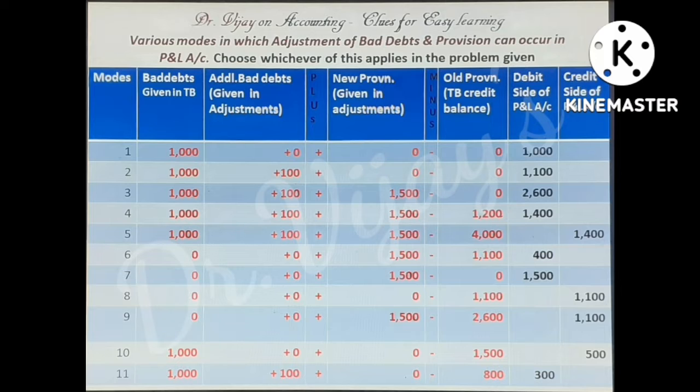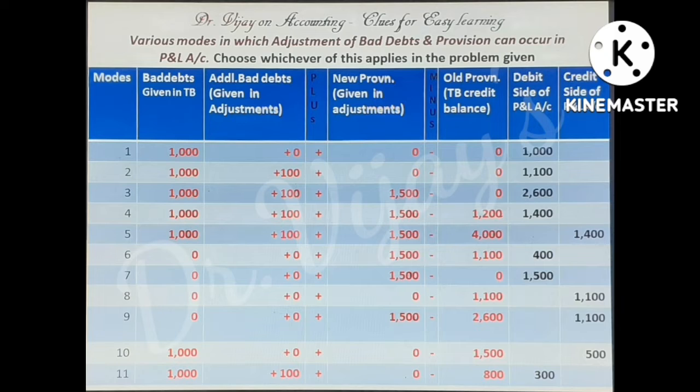The adjustment regarding provision for doubtful debts or reserve for doubtful debts is highly confusing to most of the students. Similarly, there are different methods of depreciation which are not normally applied in sole traders' books and partnerships, like the depreciation fund method.